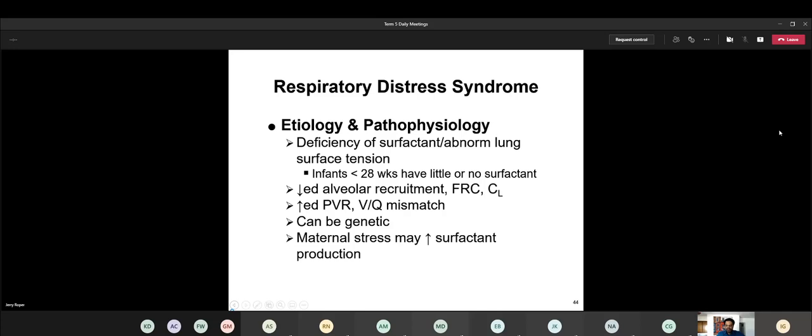The last point here is saying this is kind of like nature's way of trying to help the baby out. So if you've got a definitely premature fetus, and mom has been under a lot of stress, those stress hormones she's producing are going to make their way across the placenta into the baby's system, and that will stimulate more surfactant production.